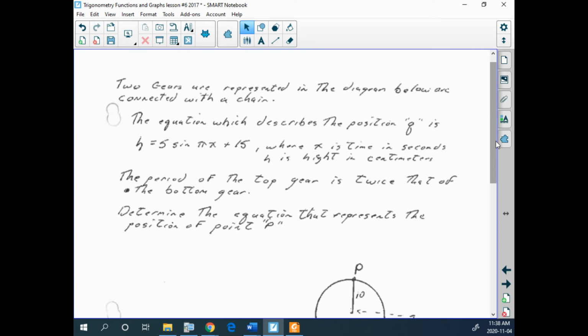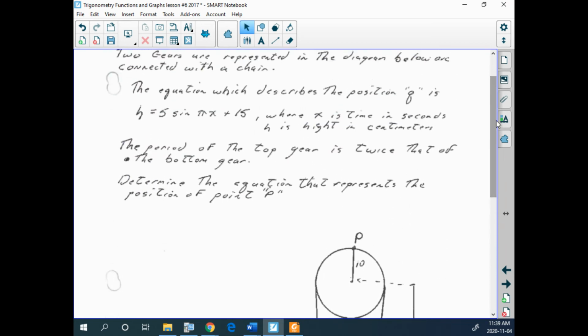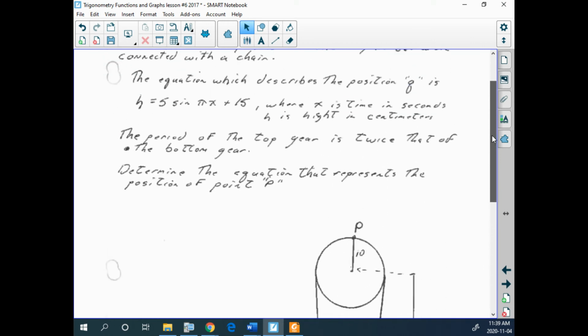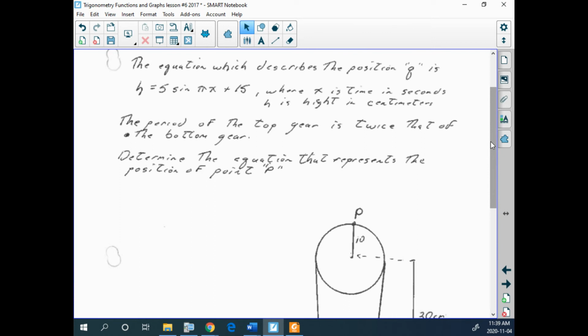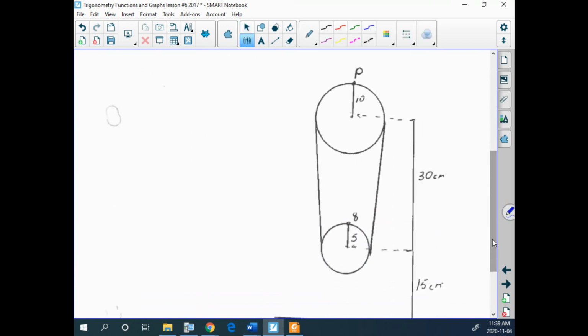Two gears are represented in this diagram connected with a chain. So that means what happens here controls what happens there. The equation that represents this point Q is given to you. The height of that point Q is given to you.